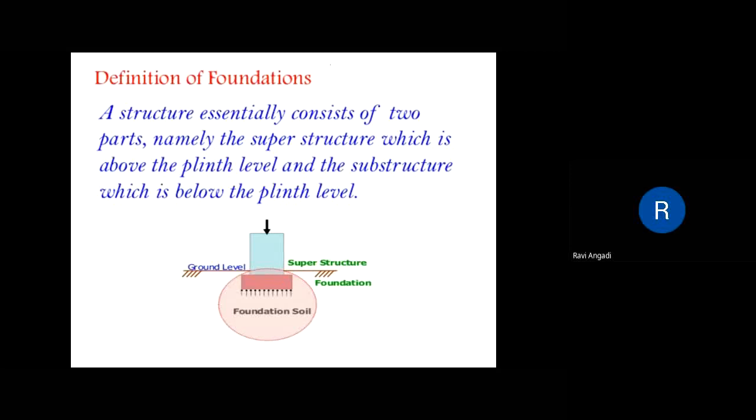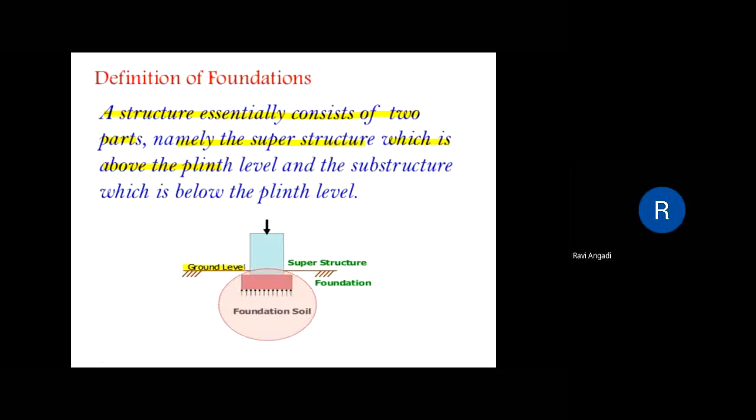You all know a structure essentially consists of two parts, namely the superstructure, which is above the plinth level, and the substructure, which is below the plinth level. You can see this picture here.